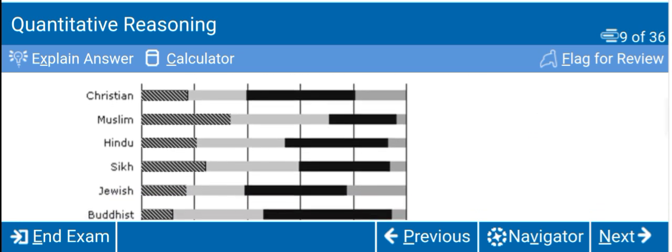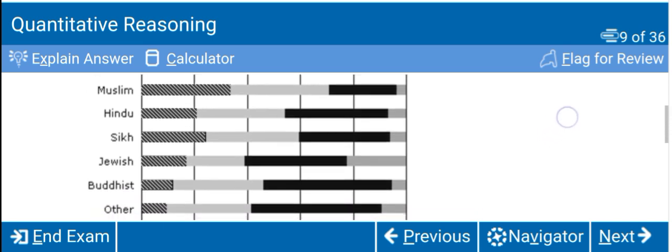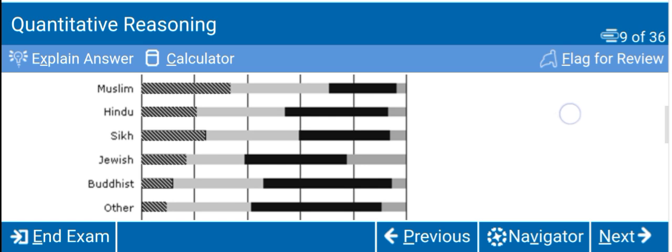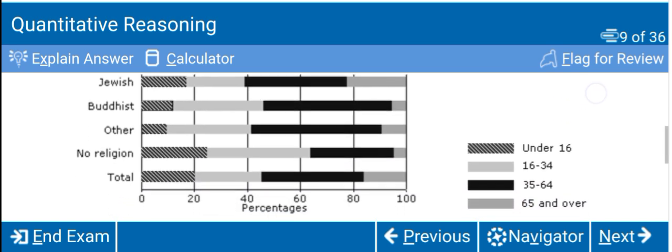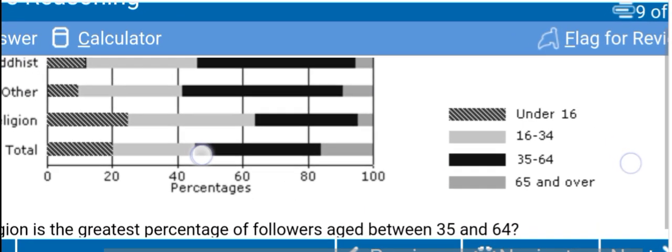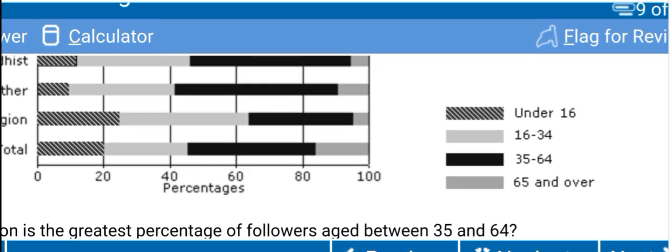First we have Christian, then Muslim, Hindu, Sikh, Jewish, Buddhist, other, no religion, and total. Then we have age under 16, 16 to 34, 35 to 64, and then 65 and over.